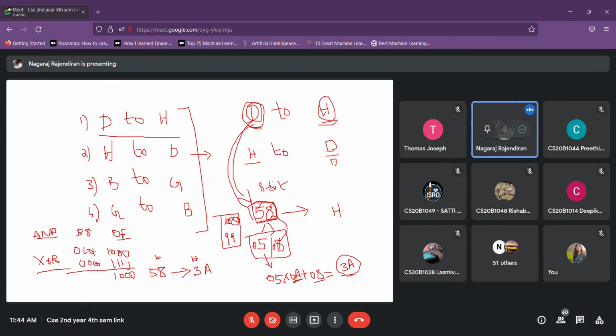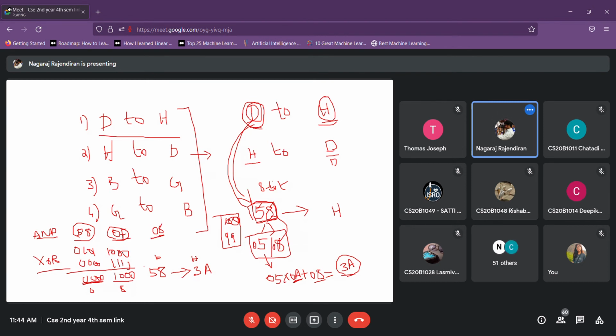So 1 into 0 is 0, 0000. So the higher 4-bit nibble becomes 0 and this will become 8. So if you perform AND operation of that particular input with 0F, you will get this number 08. That is, you are getting the ones digit.